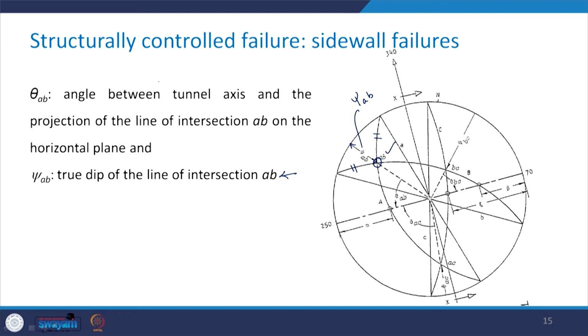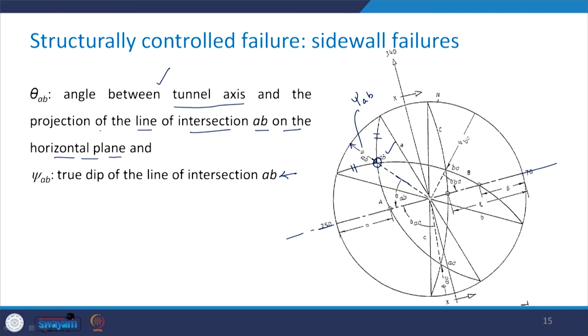Come to this theta AB and read it carefully: it is the angle between the tunnel axis, and where is the tunnel axis? This is the tunnel axis. And the projection of the line of intersection on the horizontal plane is going to be this one.